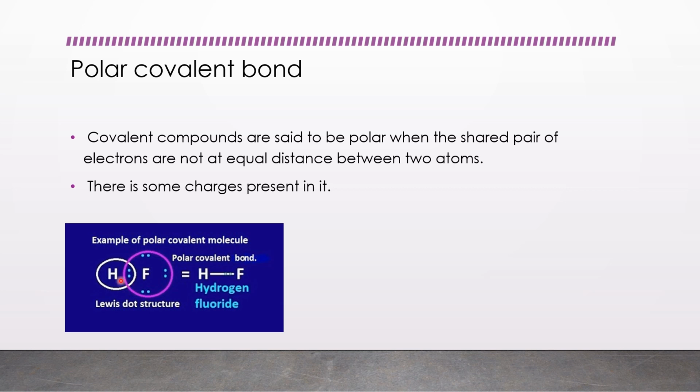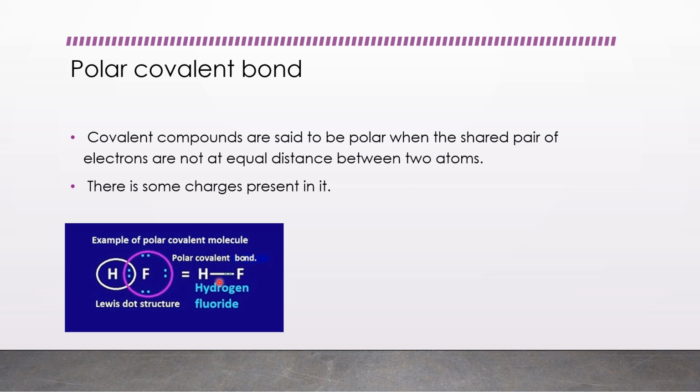Let's see the example. HF is a polar covalent bond. As we all know, hydrogen has 1 electron and fluorine has 7 electrons in its valence shell. They share electrons to become a polar covalent bond, and in this, as we all know, fluorine is the most electronegative element when compared to hydrogen.